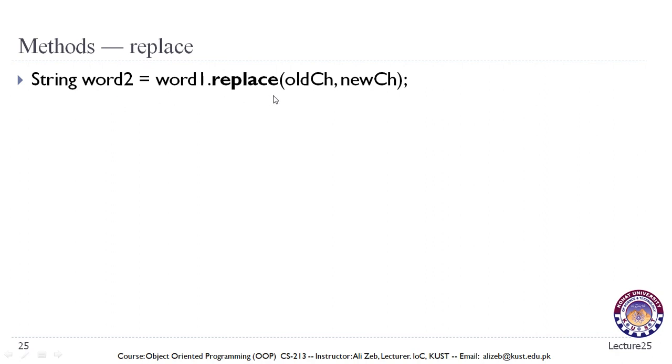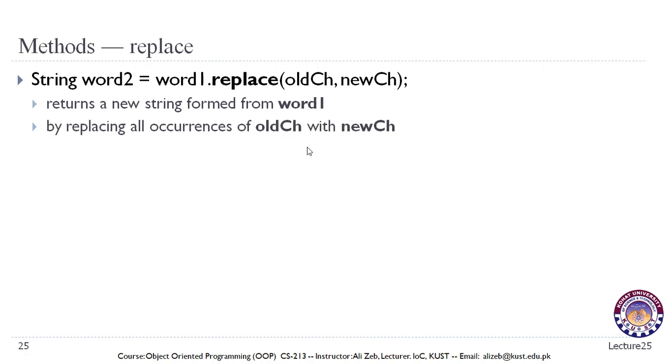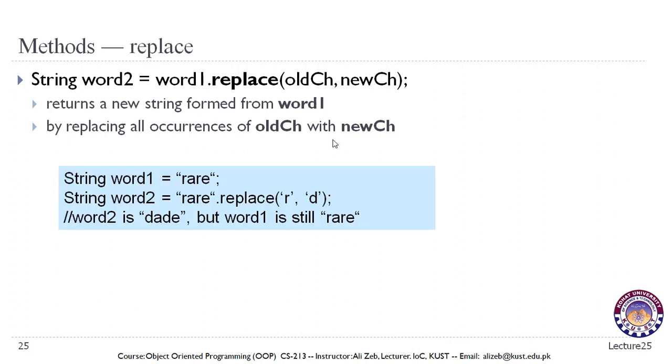So what you should do is pass the old character and the new character that you want to replace it with to the replace method on word 1 or any string that you want to change. Then it returns a new string formed from word 1, and the new string will have replaced all occurrences of the old character with the new character.